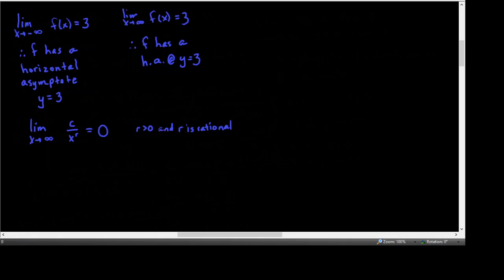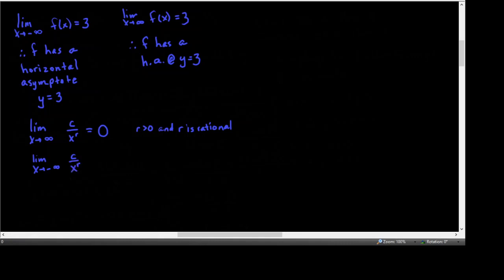All right, so the one for negative infinity is actually interesting because if r were, say, a half, you can't take the square root of a negative number. So we would have to say that when x is approaching negative infinity, you have to be careful about what numbers r can be.